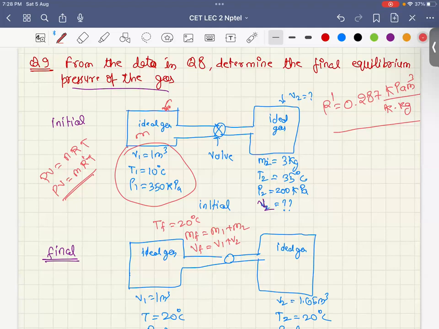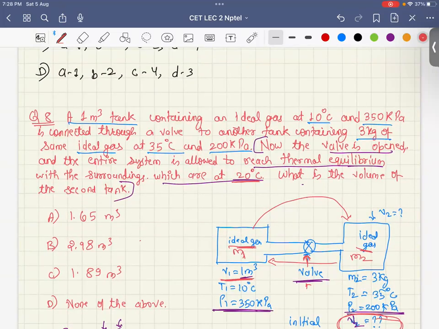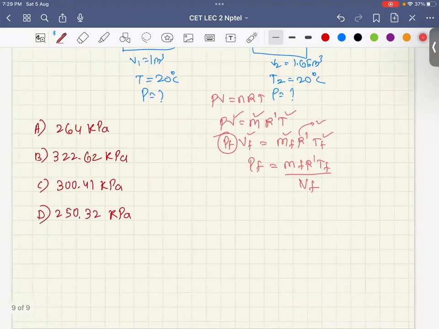Just try it once and let me know what mass you are getting. You want values, this is the question. Okay. Let me write this down.